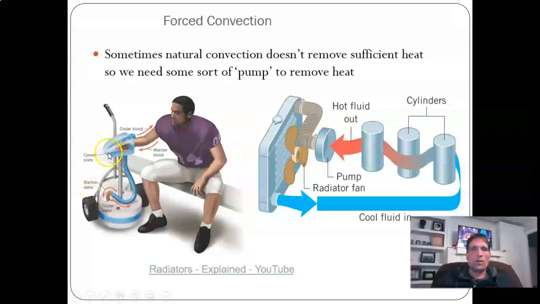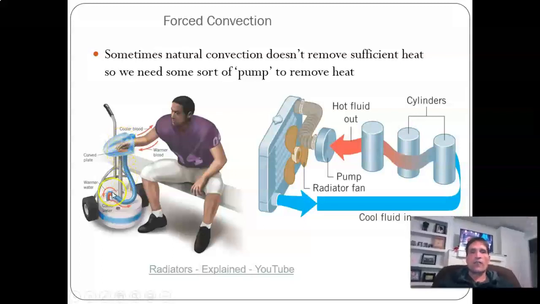So now you have warm water coming down, that gets cooled here, gets pumped back up, and this cool water carries away heat from the athlete's body, and that's an example of forced convection. You're actually forcing this fluid through with a pump.